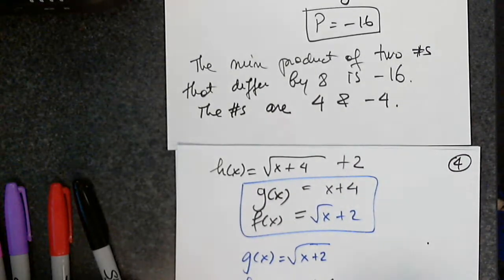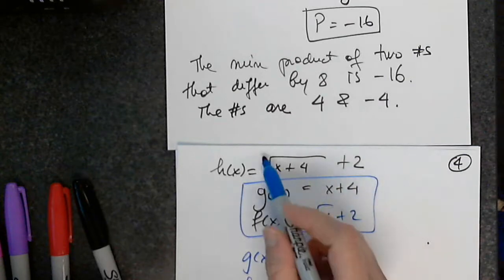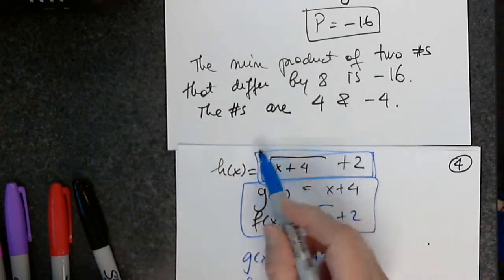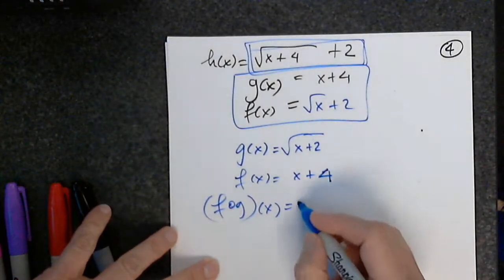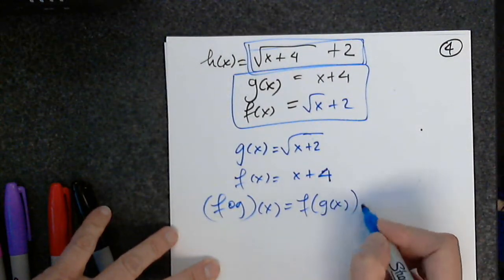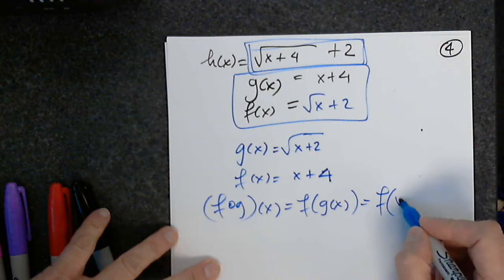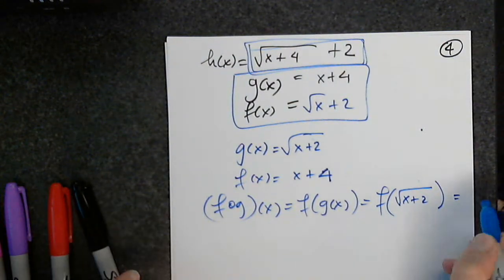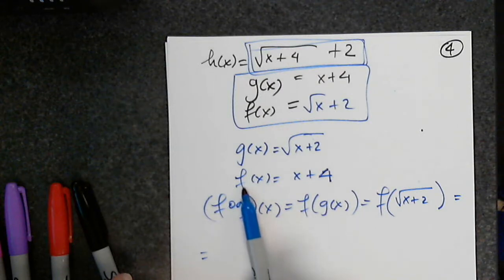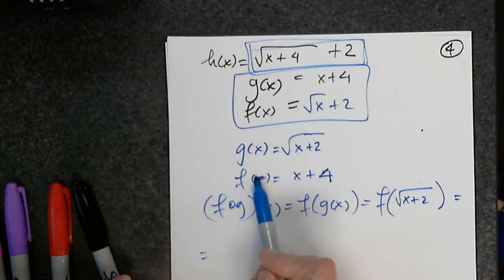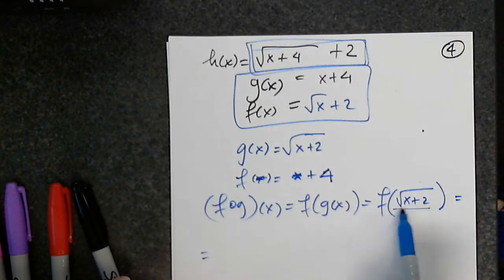Okay. So we want to show that f comp g of x turns out to be this, right? So let's do that. This is f of g of x, which is f of the square root of x plus 2 equals. Now f says wherever you see x, replace it by this.